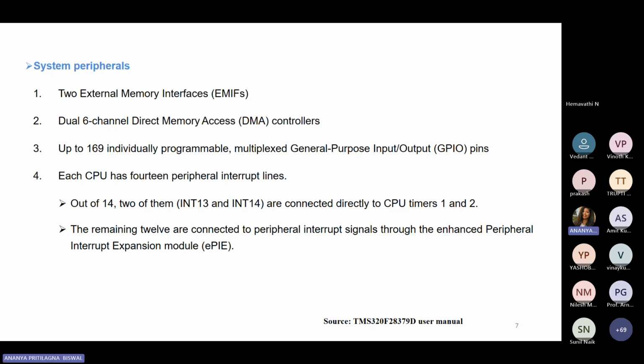Each CPU has 14 peripheral interrupt lines. Out of 14, interrupts 13 and 14 are connected directly to CPU timers 1 and 2. The remaining 12 are connected to peripheral interrupt signals through the peripheral interrupt expansion module, that is PIE.